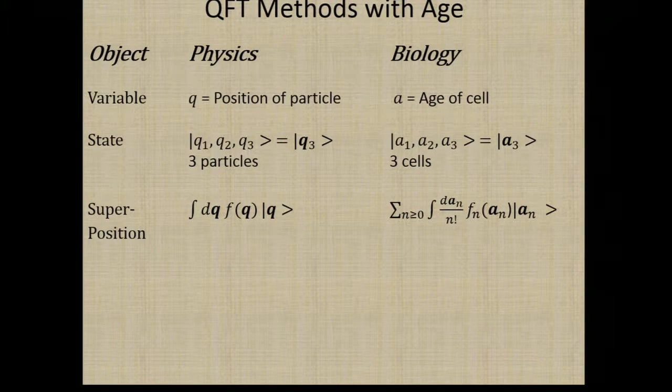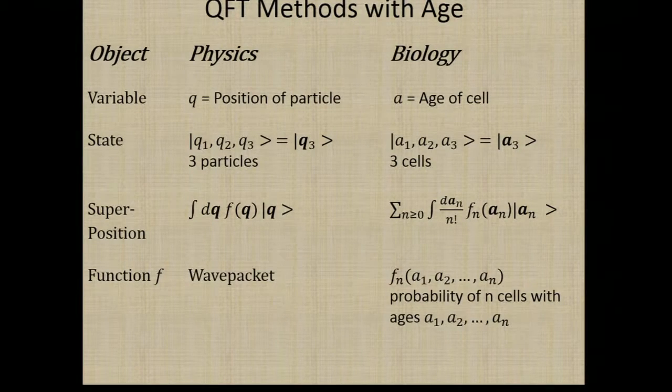So where that's a state of 3 particles, I'm going to say this is a state of 3 cells, where those are the ages of the 3 cells. In physics, we have a superposition, which we can think of as a wave packet. This is a superposition, but this has a real probabilistic interpretation because this function here represents the probability of having n cells with a certain spread of ages.